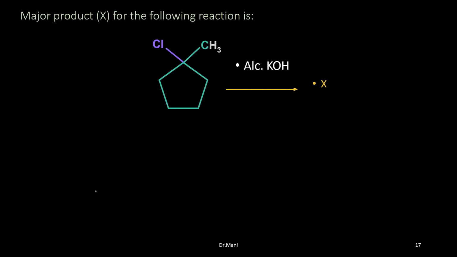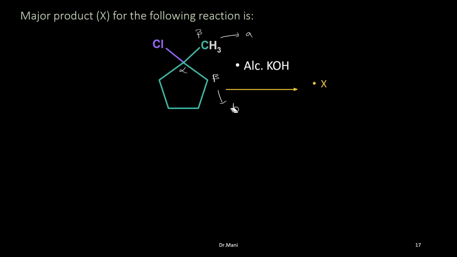So what could be the major and minor products in this? What are the possibilities first? If you see here, this is the alpha carbon, and my beta carbon could be, which one can I take? Either I can take this beta carbon or I can take this as a beta carbon. Yes or no? Yes, sir. So which one will be major? This one or this one? This one is A, this is B. So tell me, A will be the major or B will be the major?